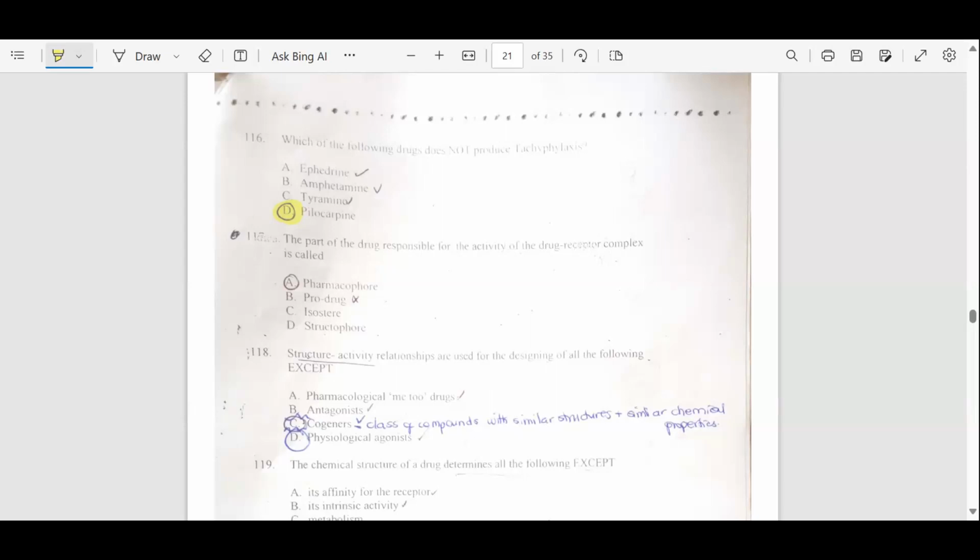My thoughts were on this. Choice A, choice B, choice C, they all kind of have some adrenergic activity. If you are just given those choices alone and told to choose the odd one out, it will be pilocarpine. It's the only one there with a parasympathetic activity.